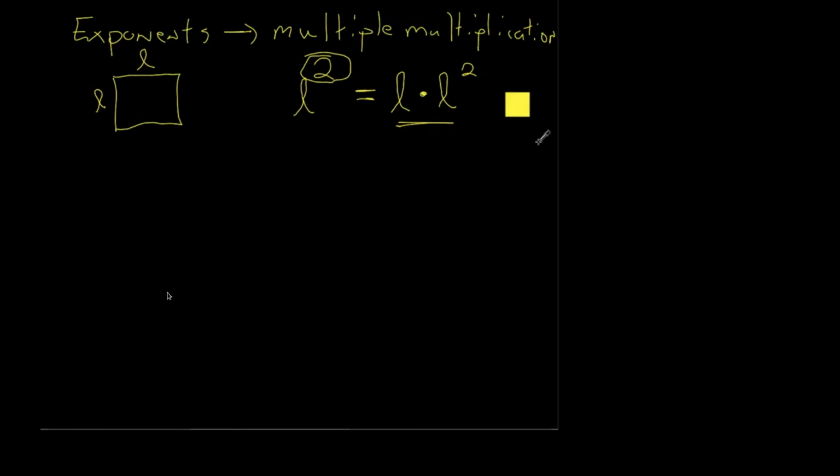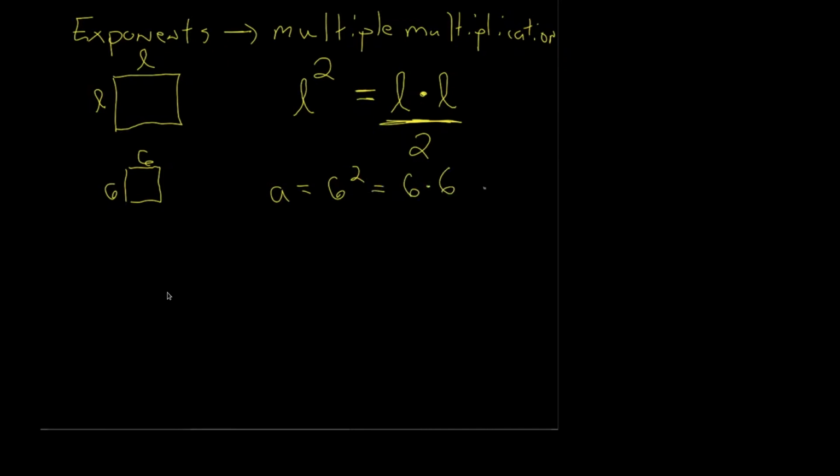That L squared equals L times L. And I wanted my 2 up here. We've multiplied it twice. So for example, if I have bathroom tile that's 6 inches by 6 inches, the area of that bathroom tile is 6 squared, or 6 times 6, or 36. And that's really how we introduce the idea of exponents. We're doing a multiplication over and over and over again.